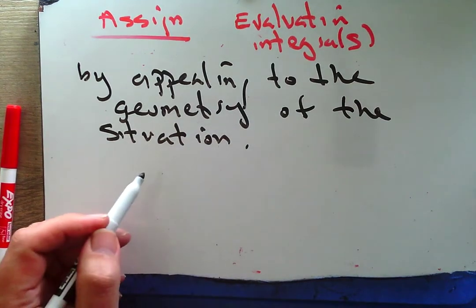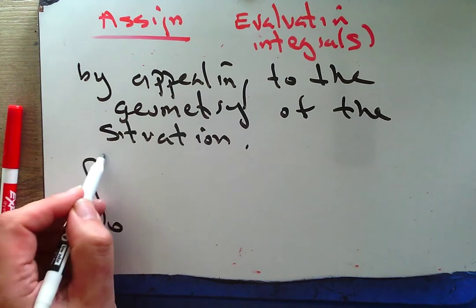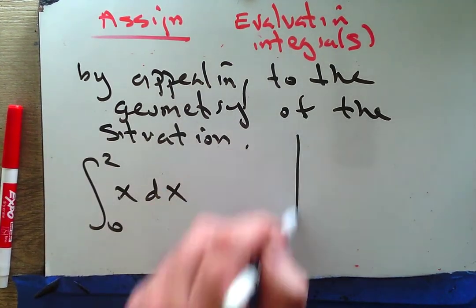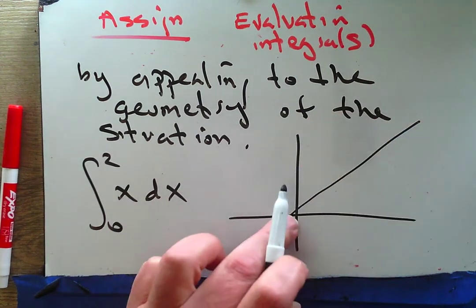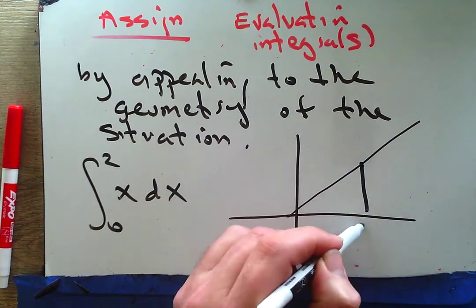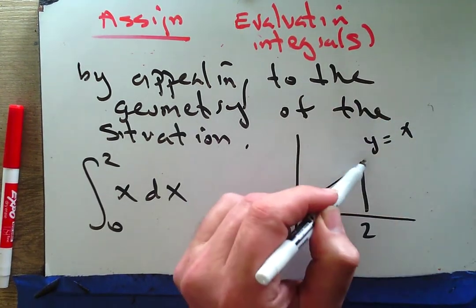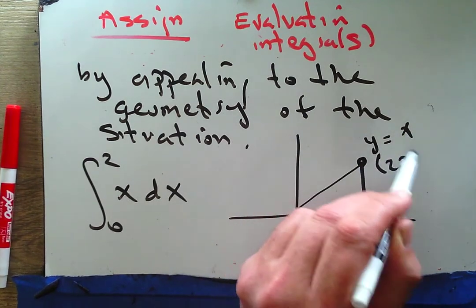And what do I mean by that? Well, let's take a look. If I have the integral from 0 to 2 of x dx, that's the same as the graph of y equals x from 0 to 2. And since this is the graph y equals x, we know this ordered pair is, I plug in a 2, y equals 2, so (2, 2).